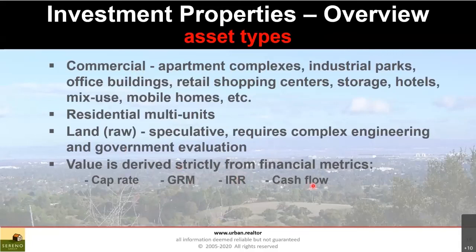There are many other parameters, but the message is very much oriented to finances. When we buy a single family home up to 4, the decision has a financial element, but mostly it's intangible, as we discussed earlier: family, school, and so on, versus commercial, which is strictly and very much driven by ratios.